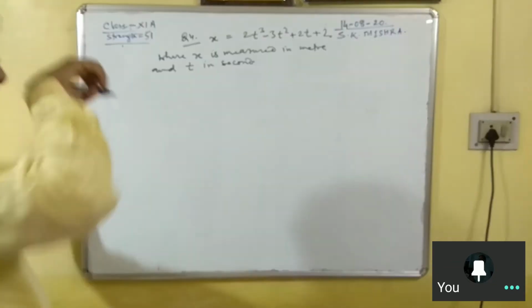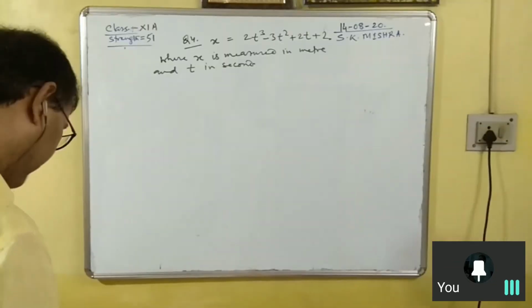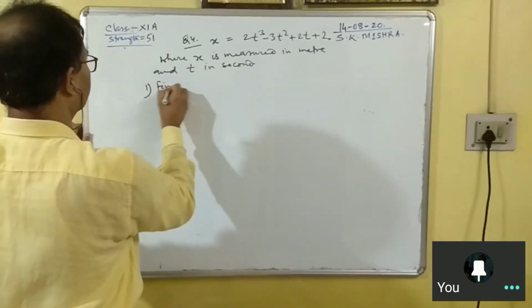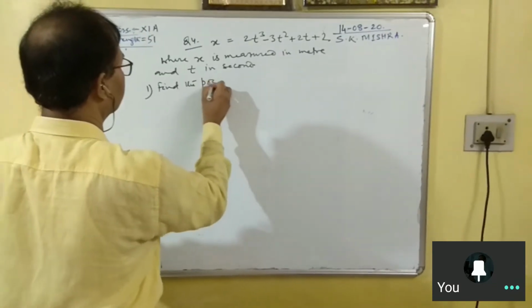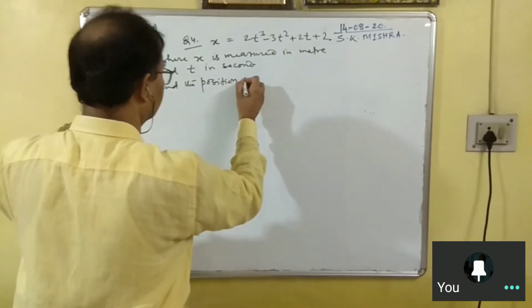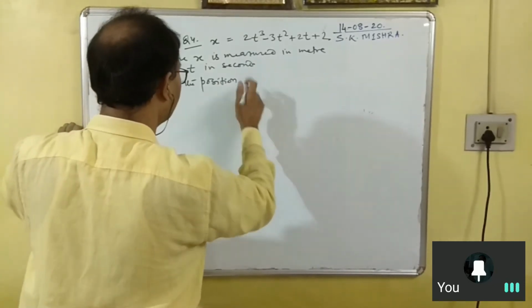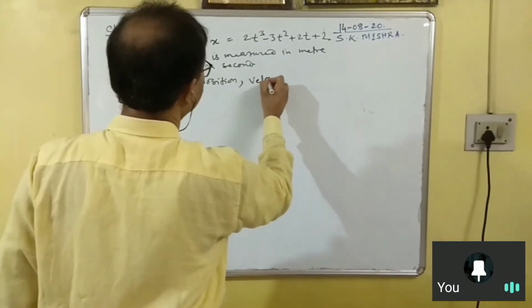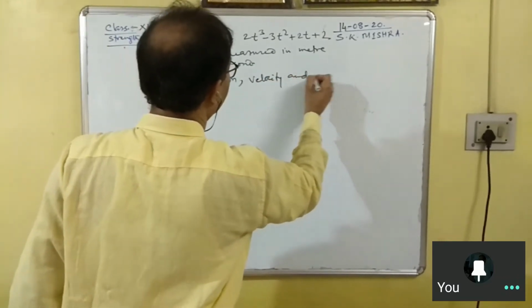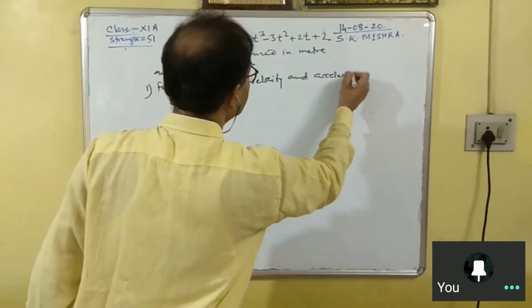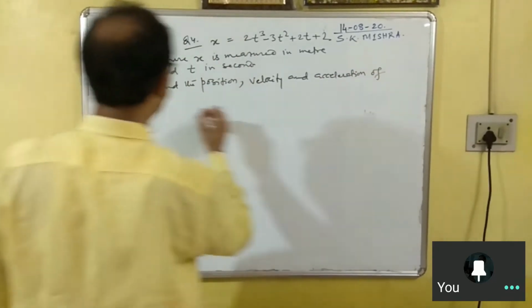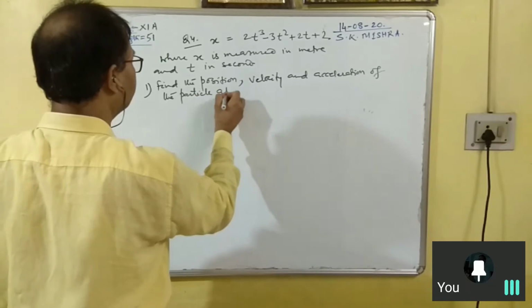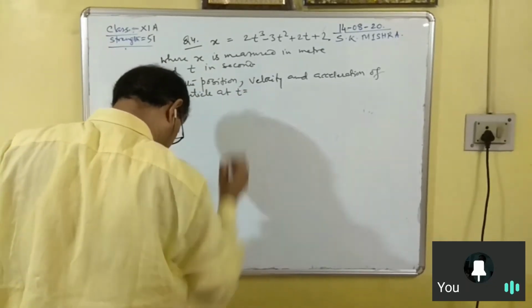Okay. Now the question is, you have to find the position, velocity and acceleration of the particle at t is equal to 2 seconds.